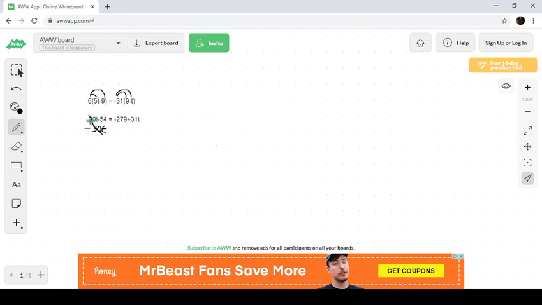Essentially, because this is positive 30t and this is negative 30t, they cancel. However, remember that this equal sign says I need to be balanced. So I also have to do it to this side, negative 30t.